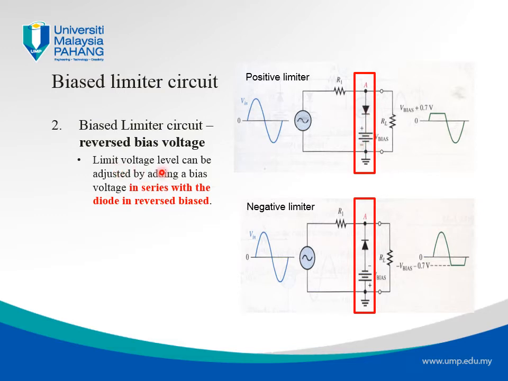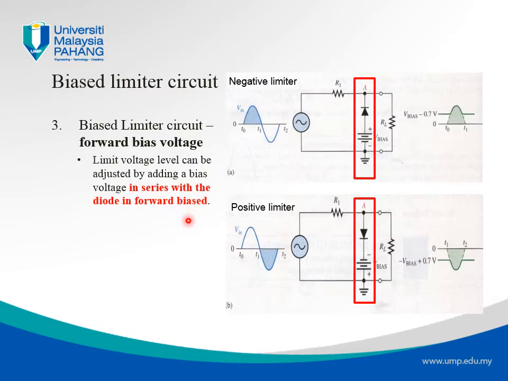So the limit voltage level can be adjusted by adding a bias voltage in series with the diode in reverse bias, right? So here it is put in reverse bias, meaning the positive is at the cathode of the diode, and the same goes for here. At the anode, you put the negative terminal of the voltage bias.